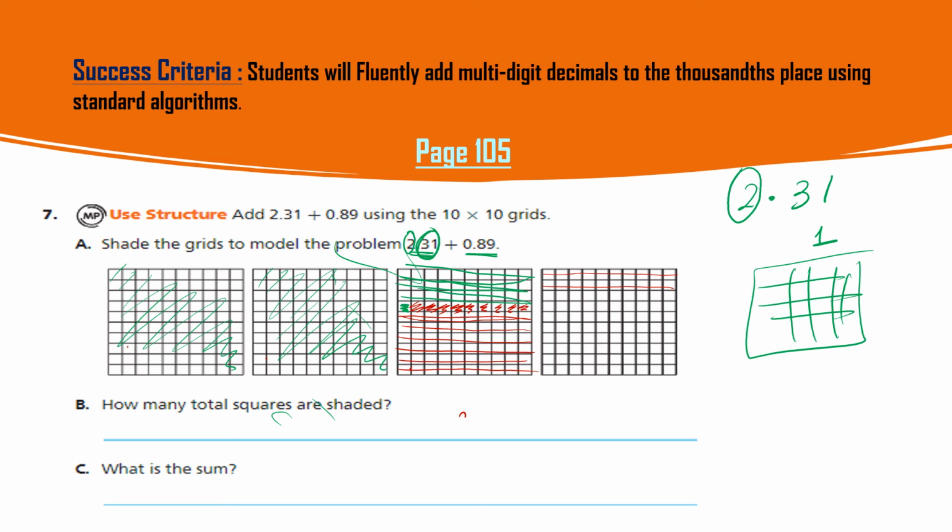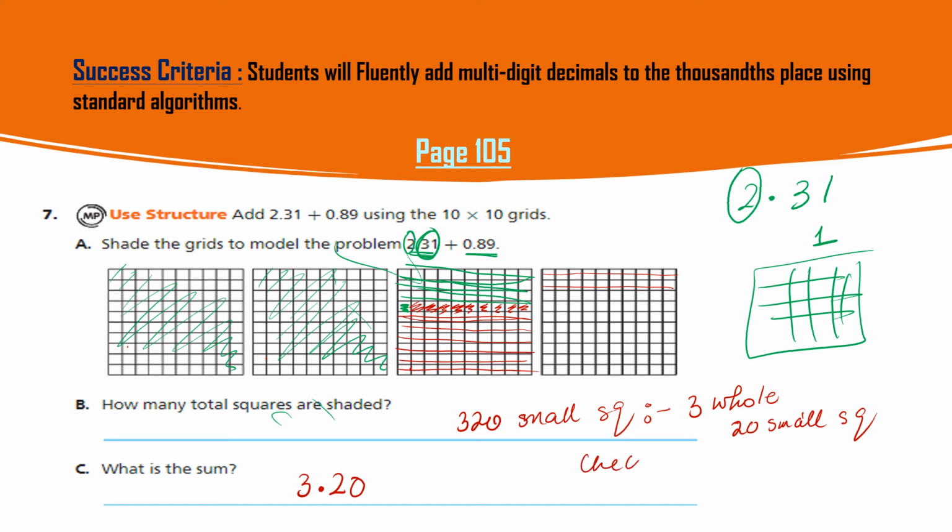Okay, so 320 small squares you are shading, or you can say that 3 wholes and 20 small squares you are shading. Okay, what is the sum? You can see 3 wholes, it means 3. Okay, and 20 is small, so you will write 0.20.